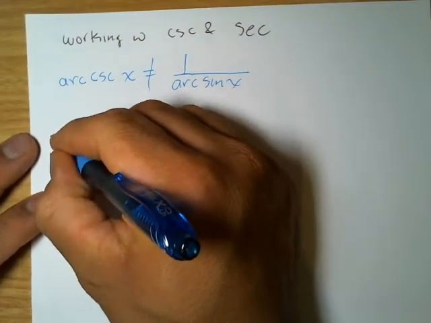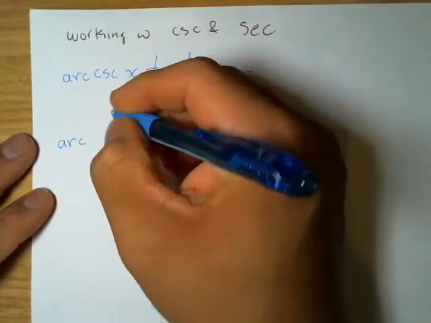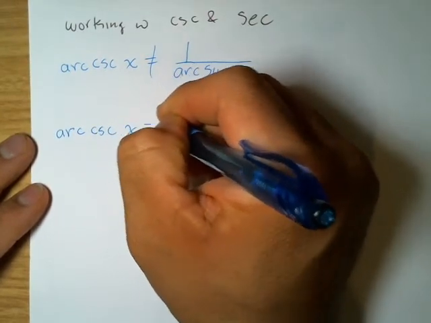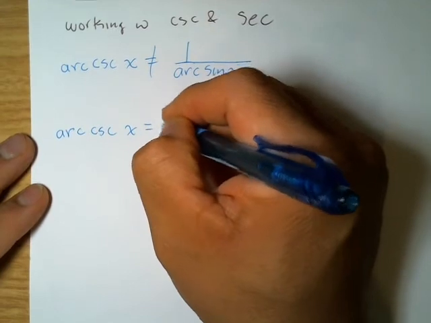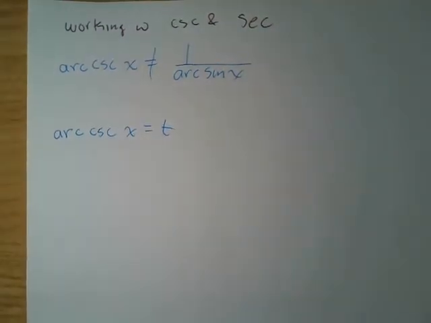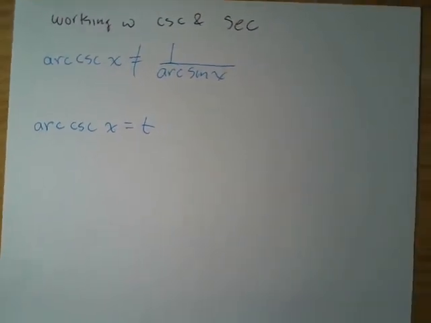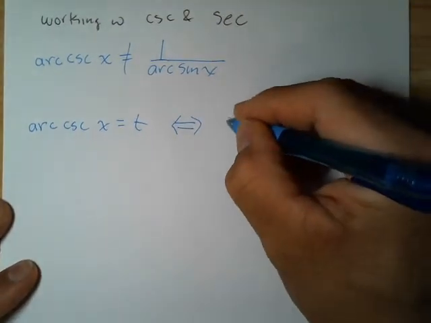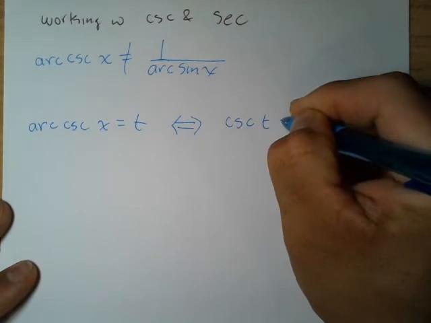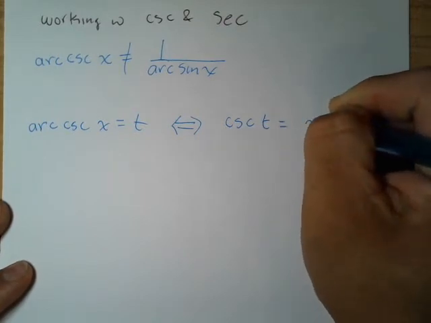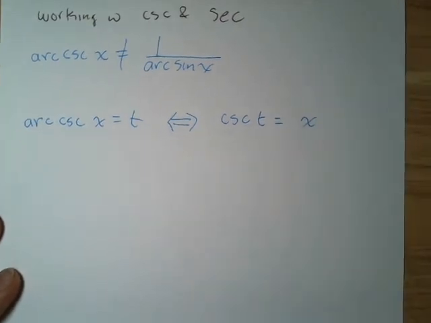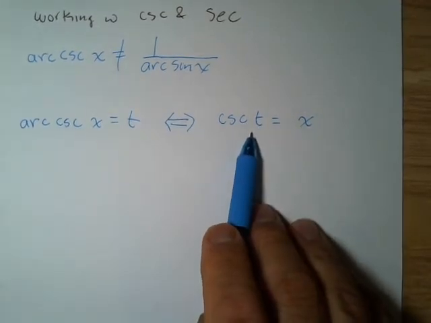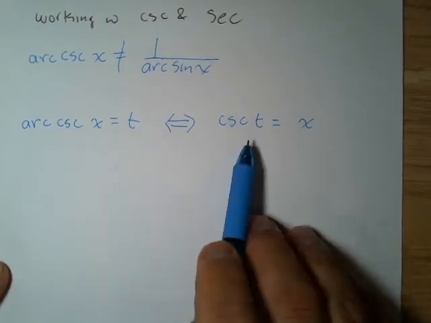So in fact, the way they're related, again, let's go back. Arc cosecant of x is equal to some angle t. And the way we define inverses, this is true if and only if cosecant of t is equal to x. Now we have reciprocal identities for the cosecant, not the arc cosecant, but the cosecant.